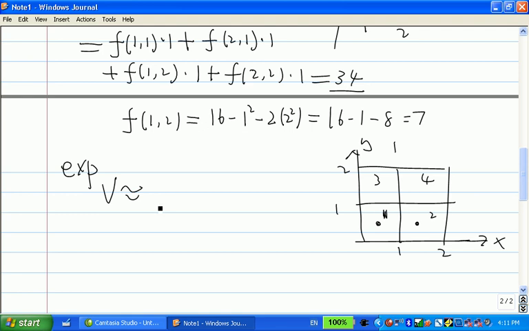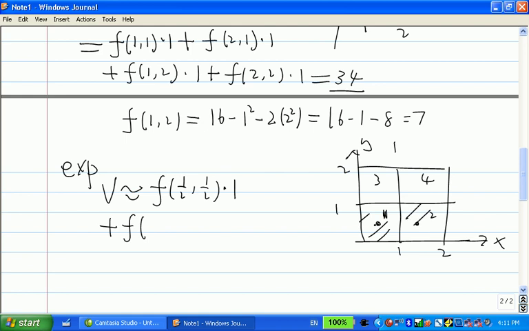The first one is F at the middle point, which is x is 1/2, y is 1/2, then times the base area, which is 1. Height times base area gives you the volume of the first rectangular box. Then plus.